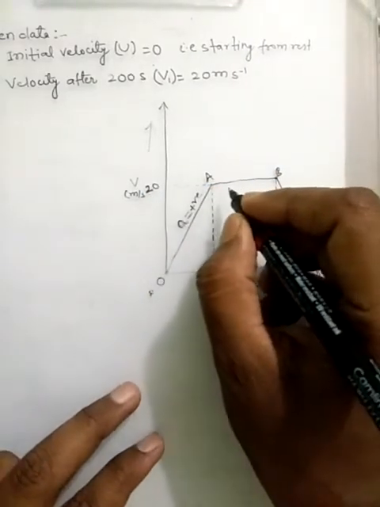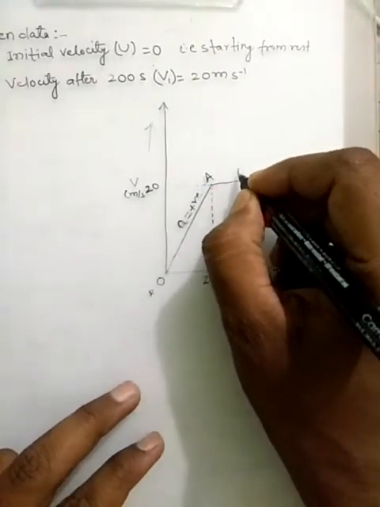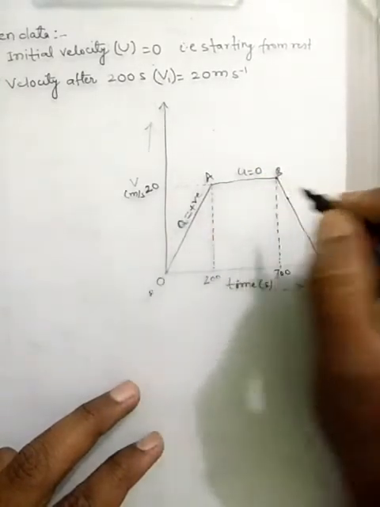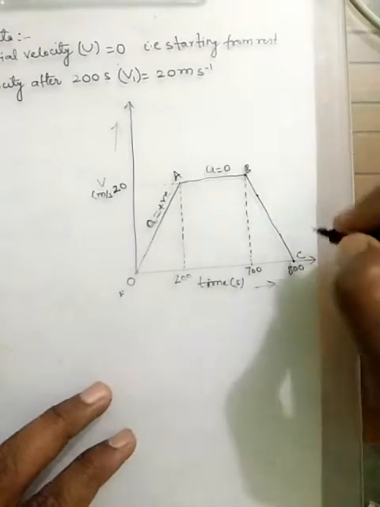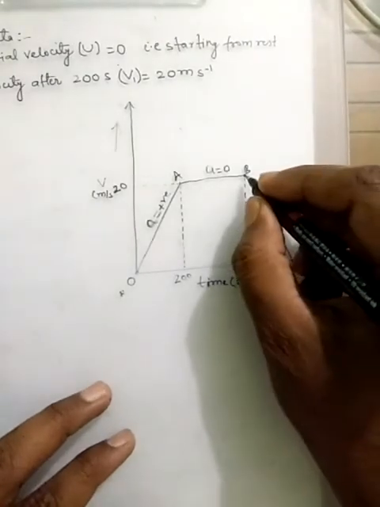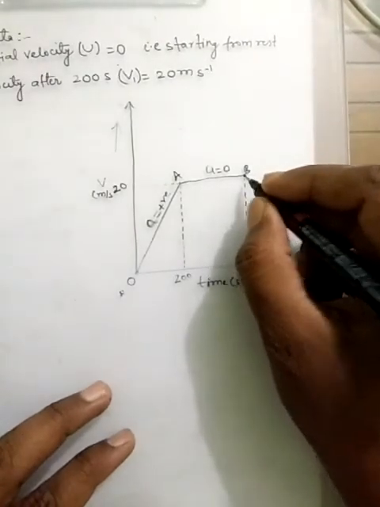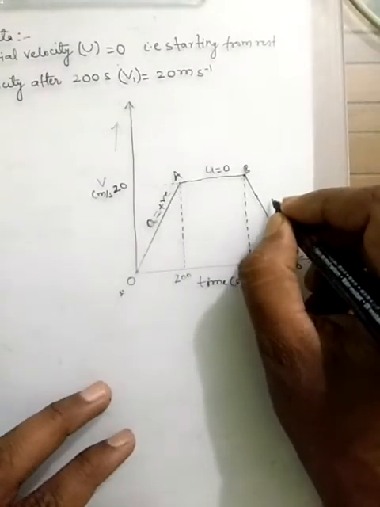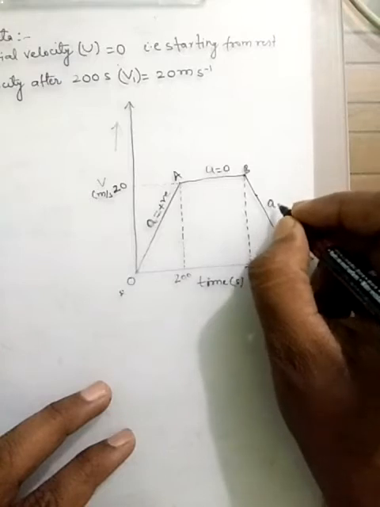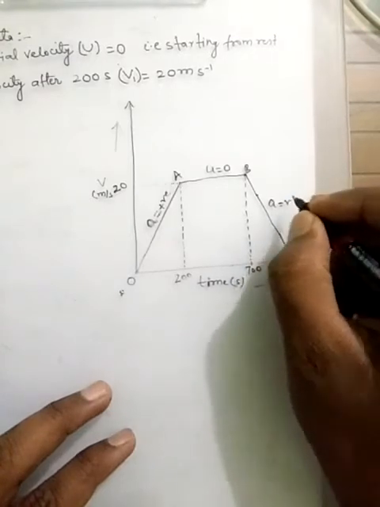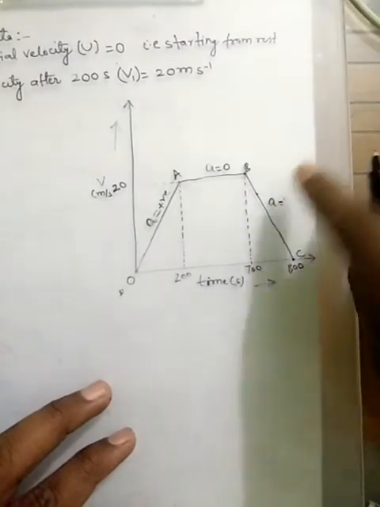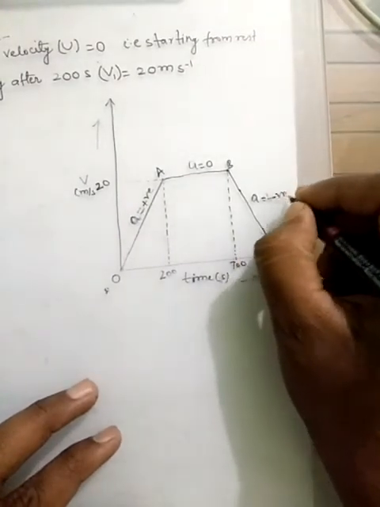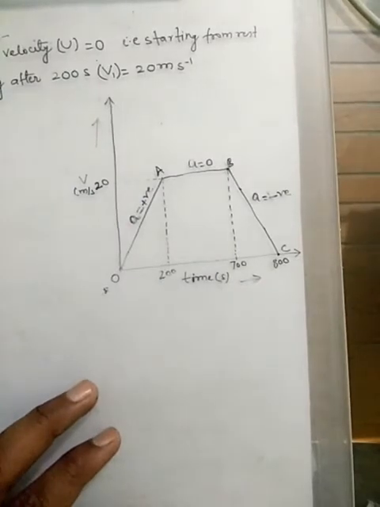Between A to B acceleration will be 0, that is velocity is constant from A to B. And from B to C, velocity decreases from 20 meter per second to 0. It means there is a deceleration, that is negative acceleration. This represents that acceleration is negative for this section.